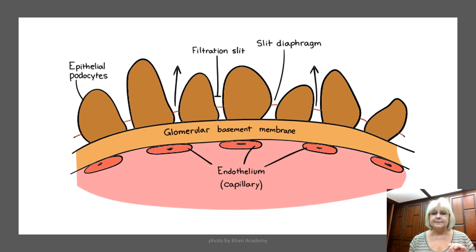This is just a very simple drawing, a cross-section view for you to look at. The epithelial podocytes are the brown areas that look kind of like potatoes. Then you see your basement membrane right below that and the endothelial cells. If you look between the spaces, you'll see the slit and then the slit diaphragm that goes over everything.